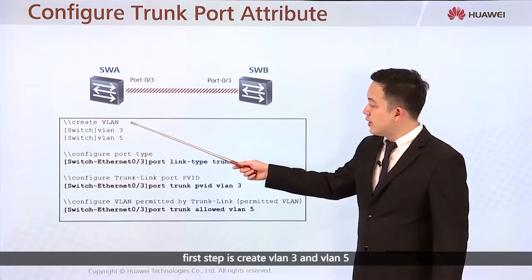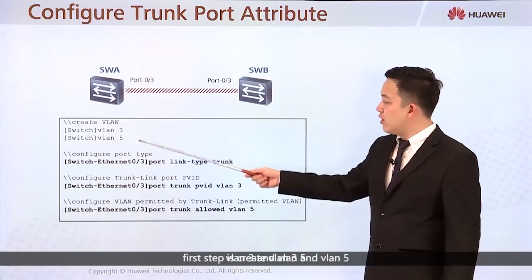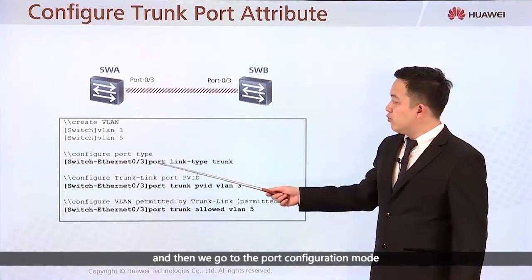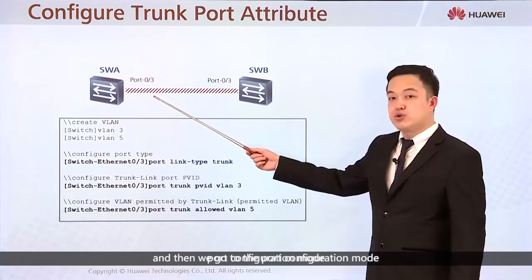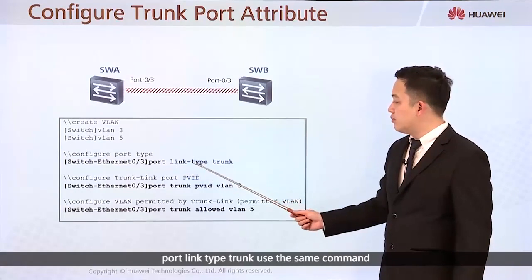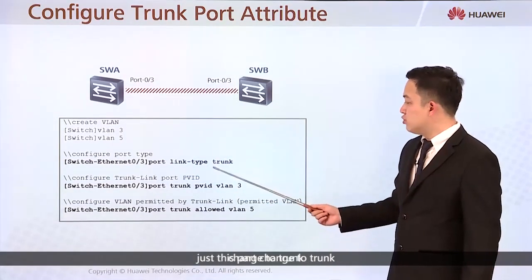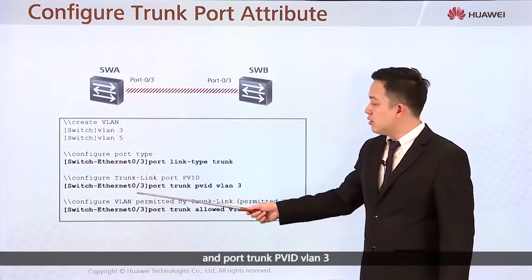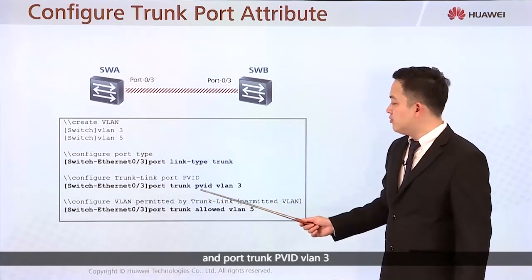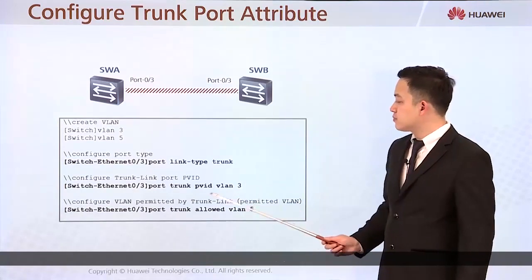First step is to create VLAN 3 and VLAN 5. Then we go to the port configuration mode. Port link type trunk. Use the same command, just this port changes to trunk. And port trunk PVID VLAN 3.